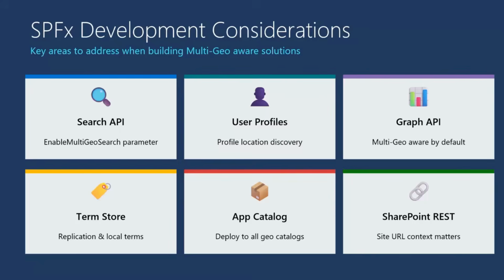For user profile, you need to know the people location of the user profile, and if you are making updates to them, what strategies and good practices are available. Graph API is multi-geo aware by default. Term store: how the replication and the local term store or the primary term store look. We'll look briefly into the app catalog, and then how SharePoint REST works in multi-geo. So these are some of the considerations. We'll go into them one by one.